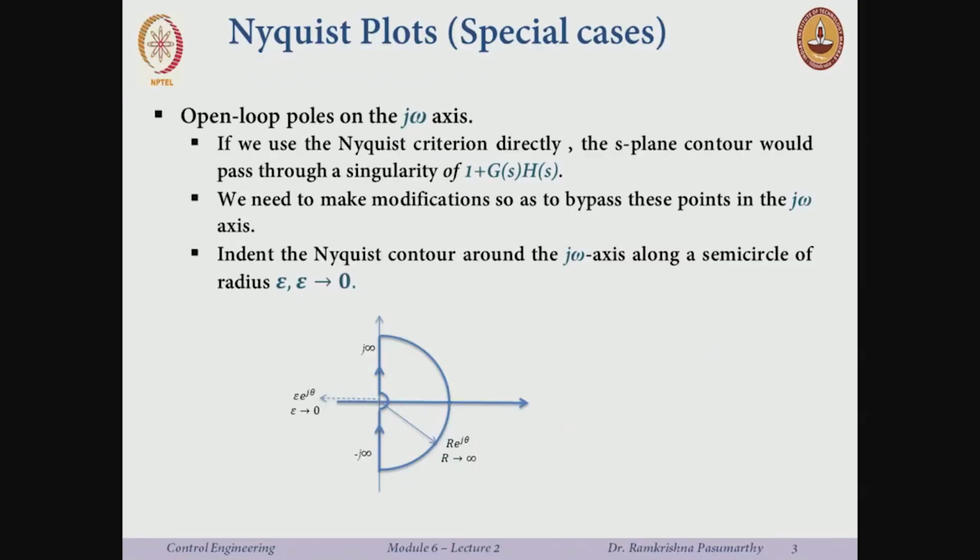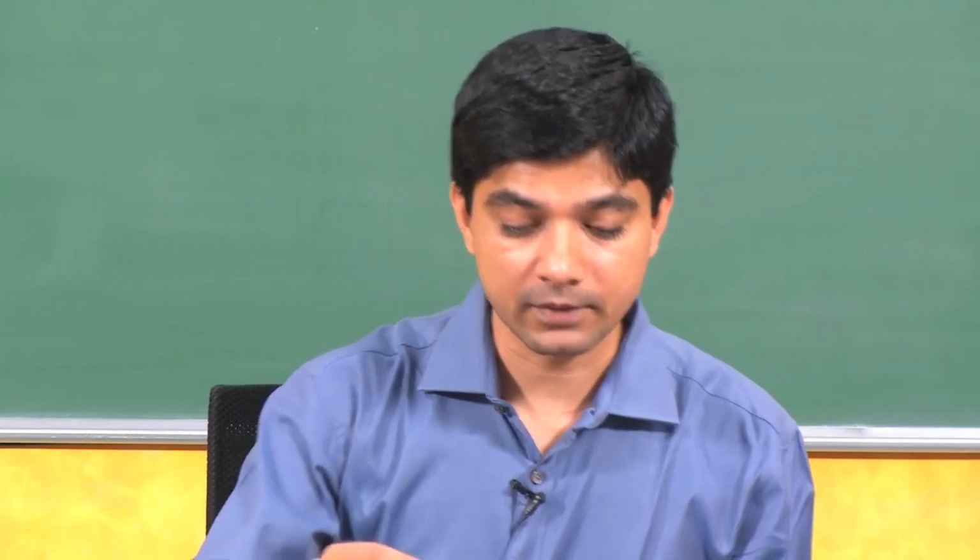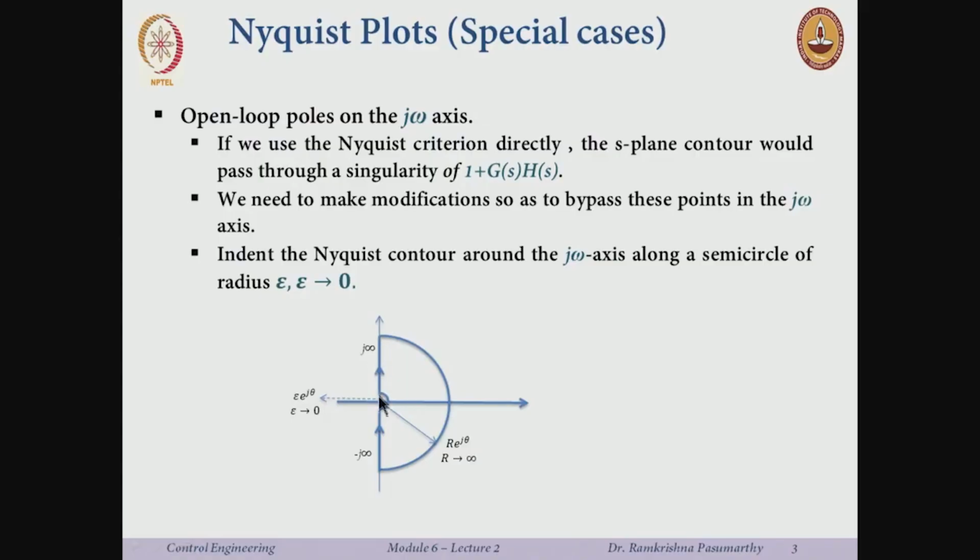When we defined the conformal maps from the S plane to the QS plane, we said that this map should not pass through any singular points or any poles. But sometimes there might be a pole on the imaginary axis. For simplicity, let us start with a pole at the origin.